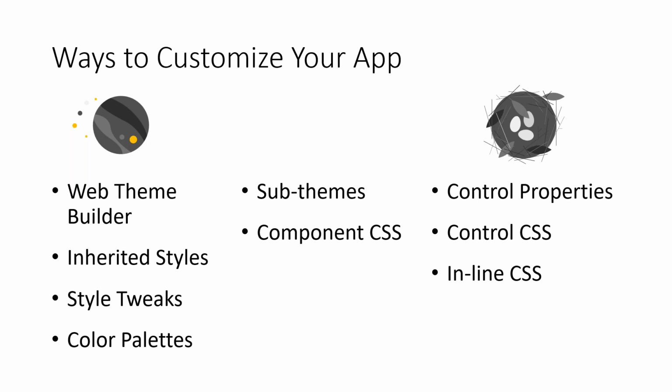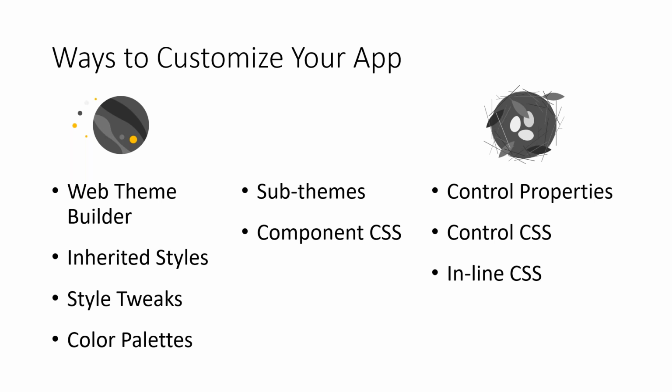Component CSS similarly doesn't necessarily apply to your entire project. It can if your entire project is a tabbed UI and you're adding all your other components in through tabs and you've added component CSS at the tab level. That will affect the entire application. But in general, component CSS tends to only affect that particular component where you're using it.